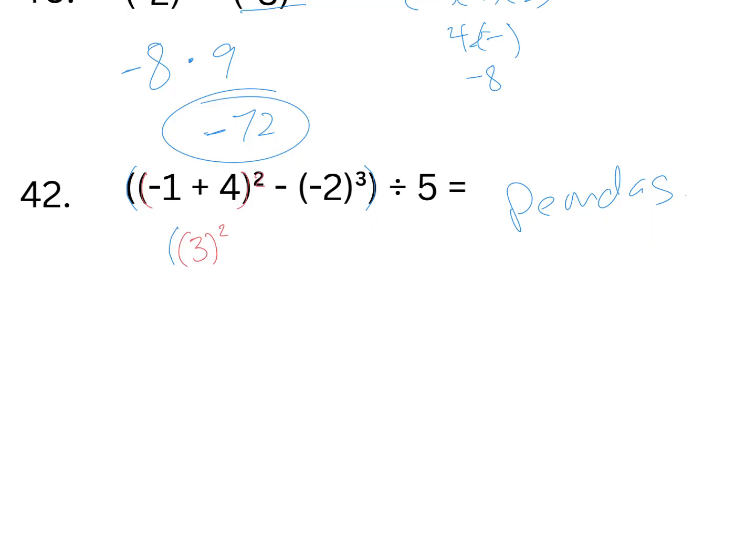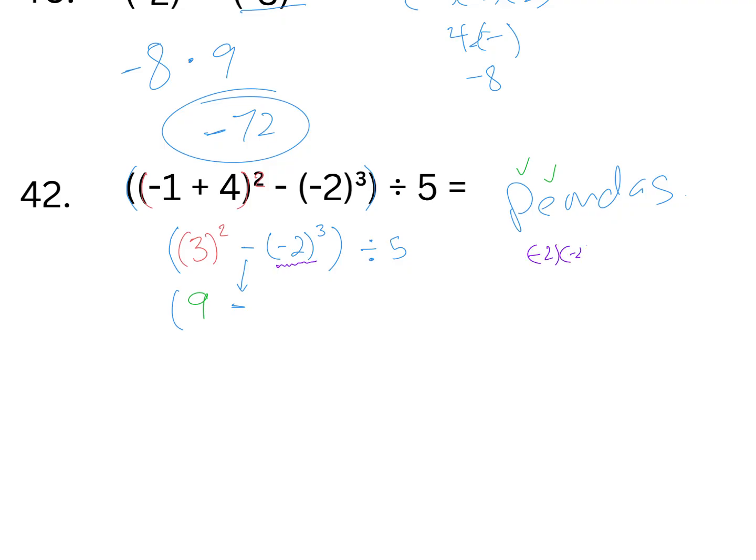In fact, here, we're going to write the rest of the stuff. Okay, now inside the parentheses. So we're still in the parentheses. There are exponents. So we have 3 squared is 9 minus. This minus just drops down because we are now dealing with negative 2 cubed.